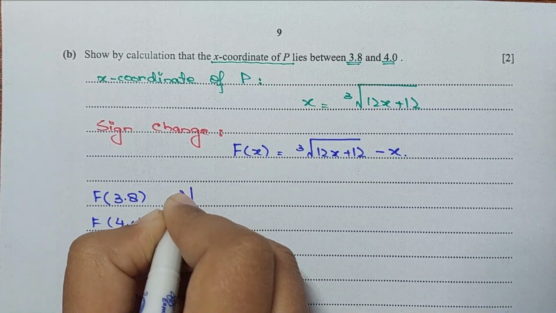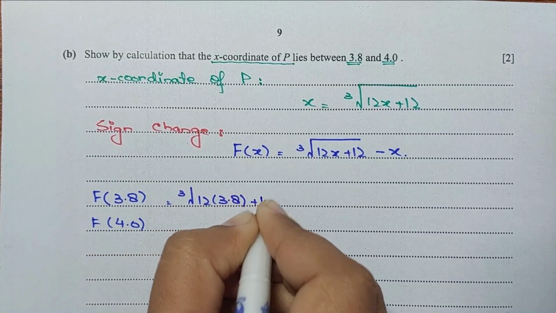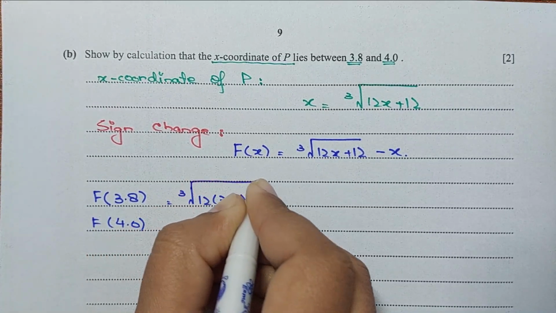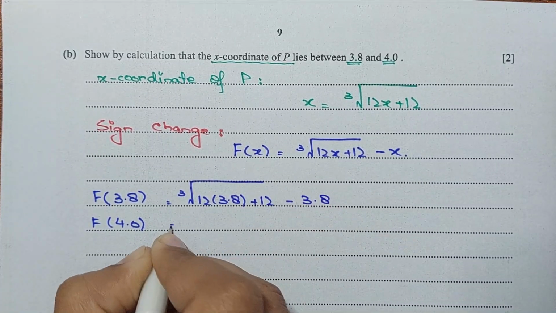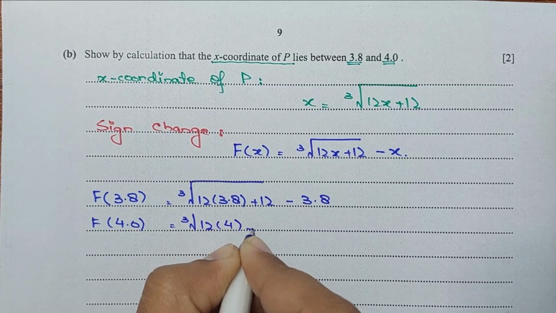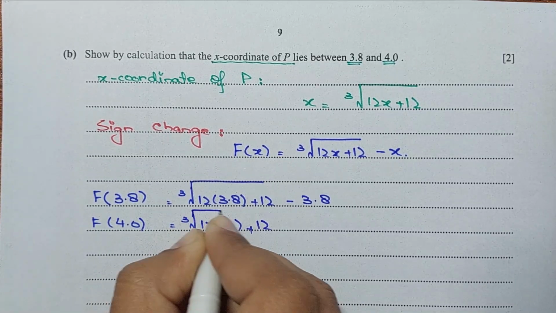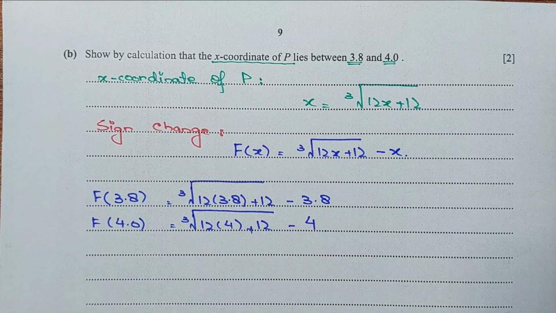So the cube root of 12 times 3.8 plus 12, minus 3.8, or the cube root of 12 times 4 plus 12, minus 4. Let me check. If there is a sign change, then the root must lie between these 2 points.